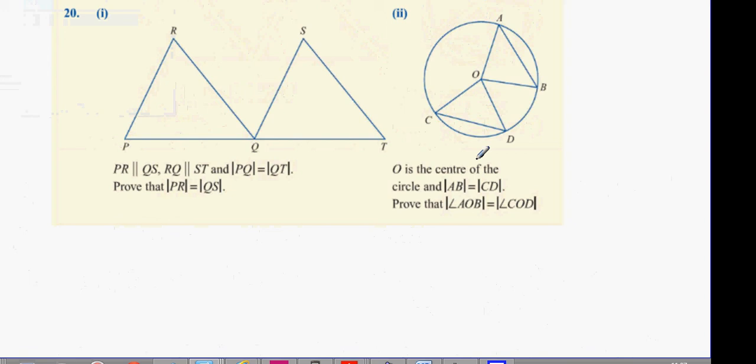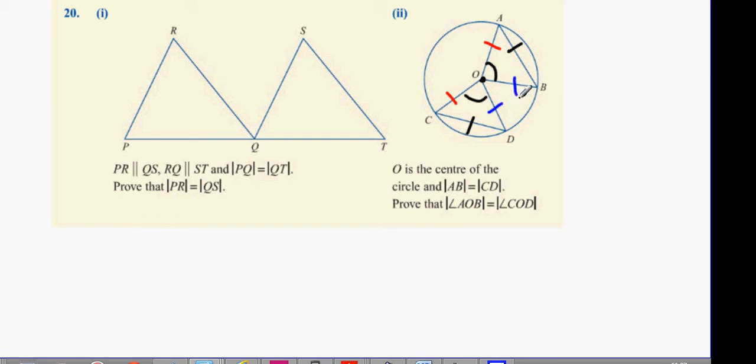O is the centre of the circle. AB is equal to CD, which we know. And then it goes, prove that the angle AOB, which is this angle here, equals the angle COD. Now, here's what we can do. All of these are what? They're all radii. They're all radii, okay?